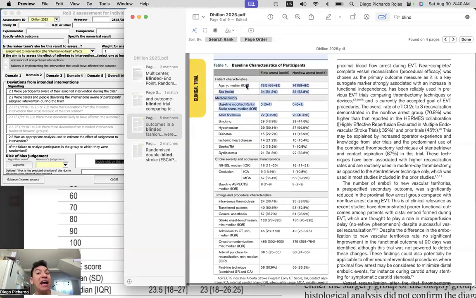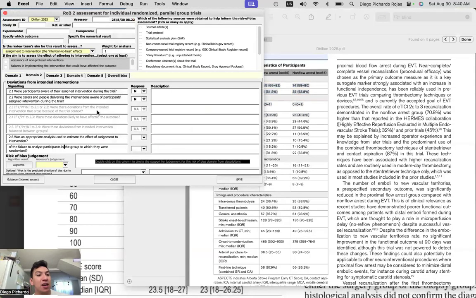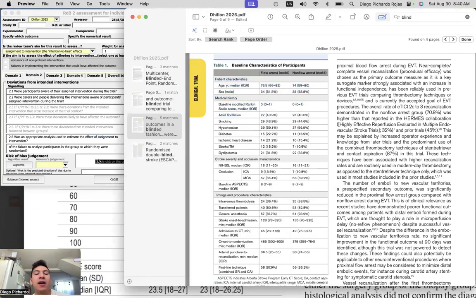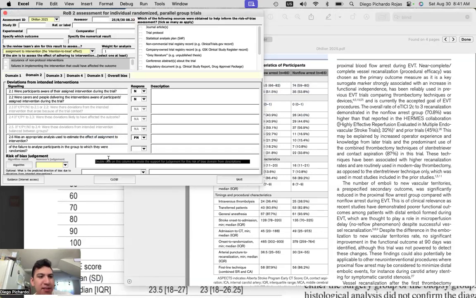Since they don't have a statistical analysis, we're not sure if the assignment to each group could have influenced the effect, you know? So we're gonna put probably not, because it's something pretty objective. But if they had the statistical test, we would have just put, oh, definitely not. But we're just gonna put probably not.